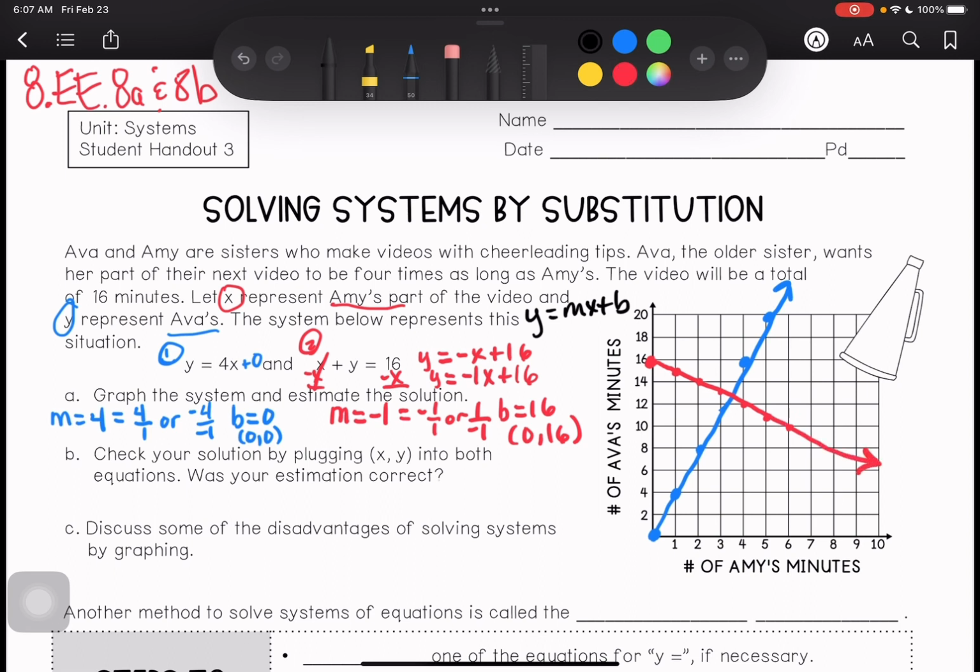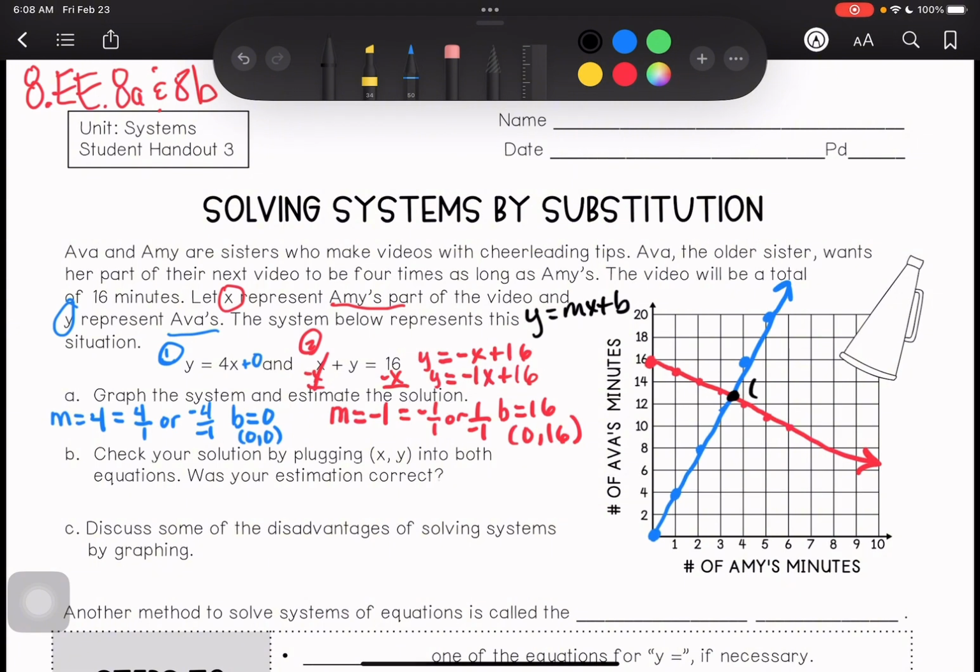Okay, so if we look here, it says check your solution by plugging in x, y into both equations. Was your estimate correct? If we look at the point of intersection, it's between 3 and 4 and above 12, so it's about 13.